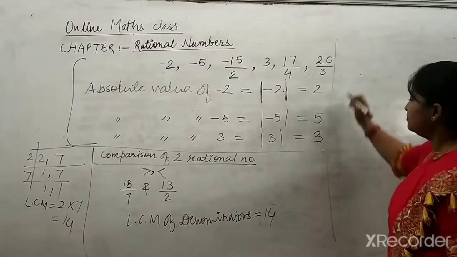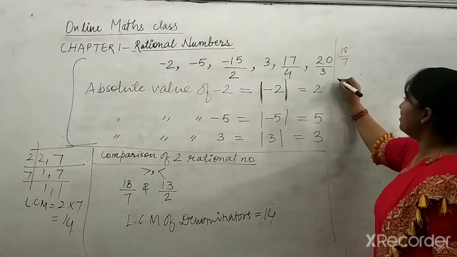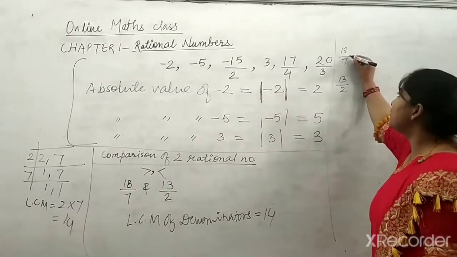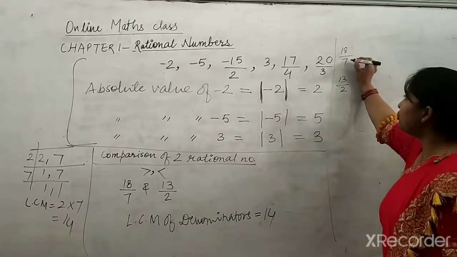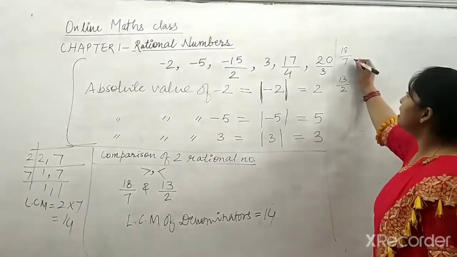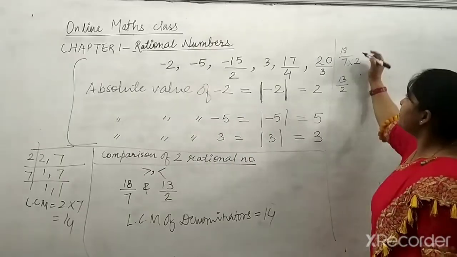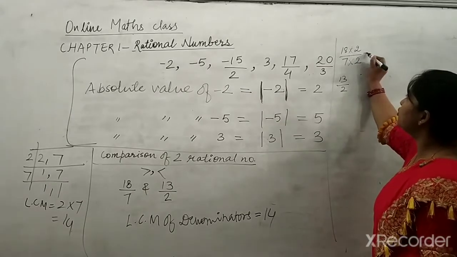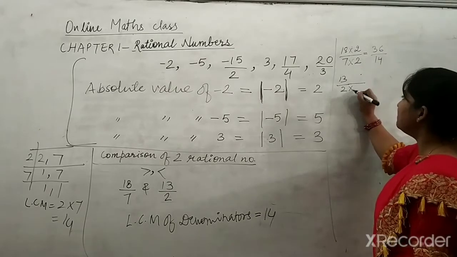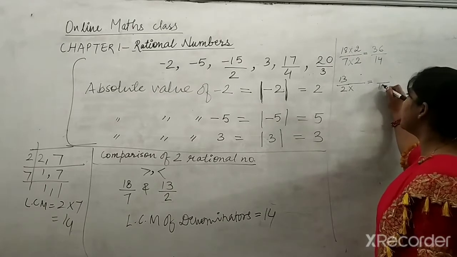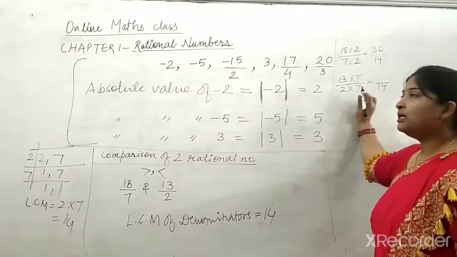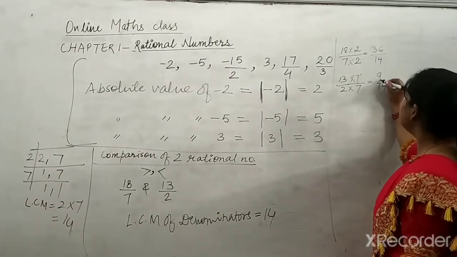What I will do is, I have 18 upon 7 and I have 13 upon 2. So for 18 upon 7, make this 7 equal to the LCM, which is 14. So 7 times 2 is 14, so 18 also times 2 is 36. And 13 upon 2: 2 times 7 is 14, so 13 times 7 is 91.